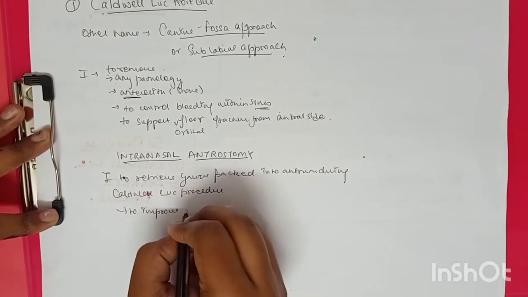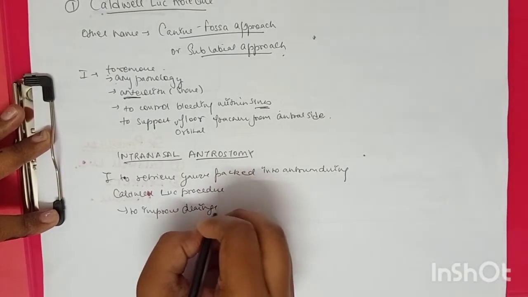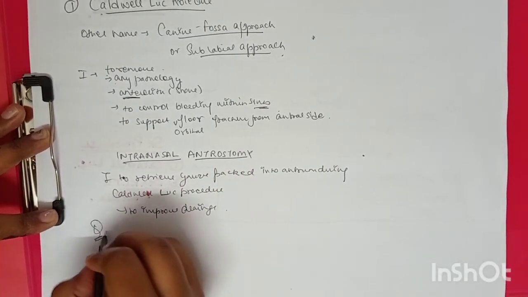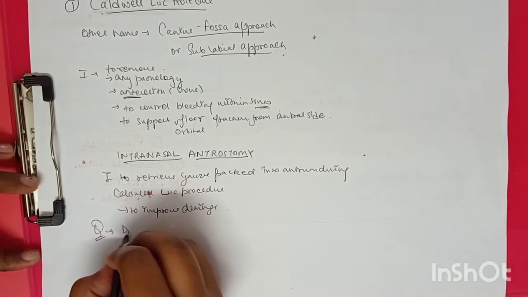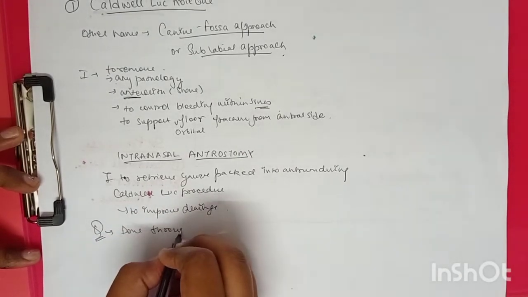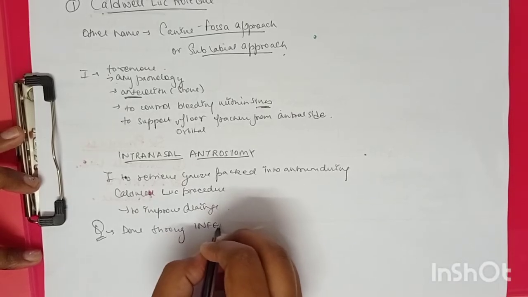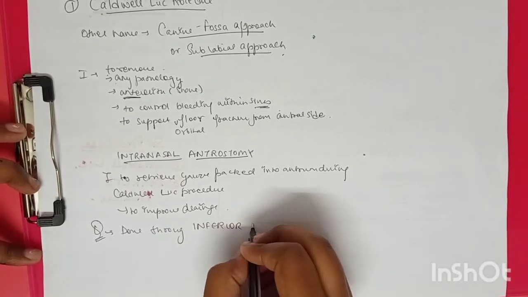Or we can say to improve the drainage, we do this procedure. And a question which is most commonly asked, it is done through which meatus? So done through the inferior meatus.